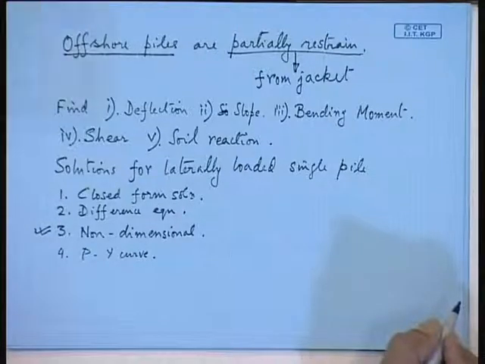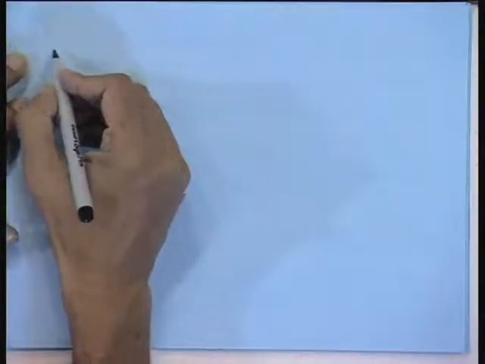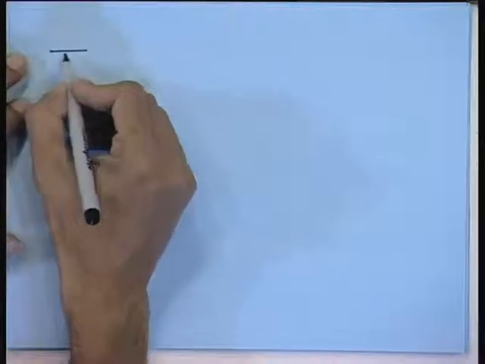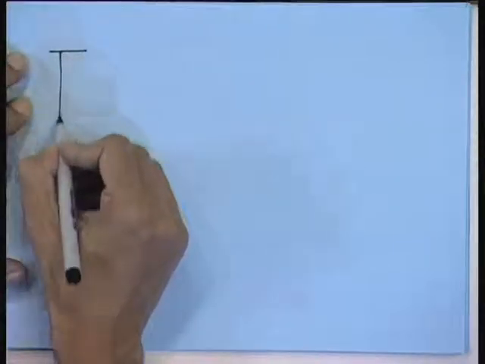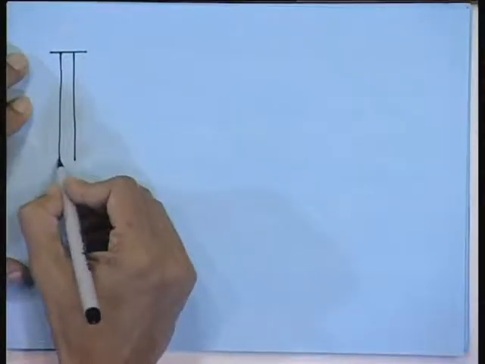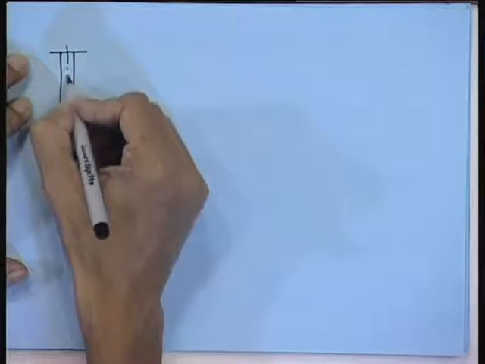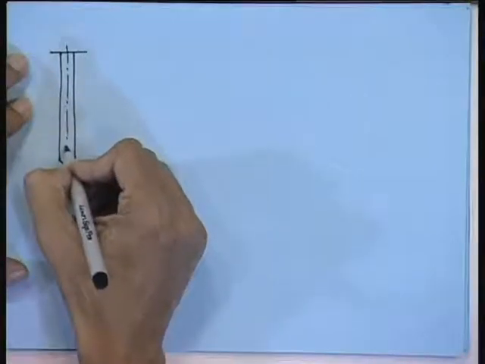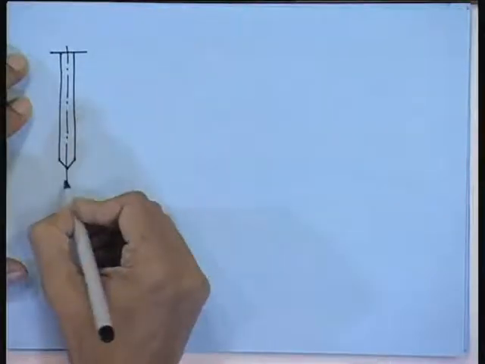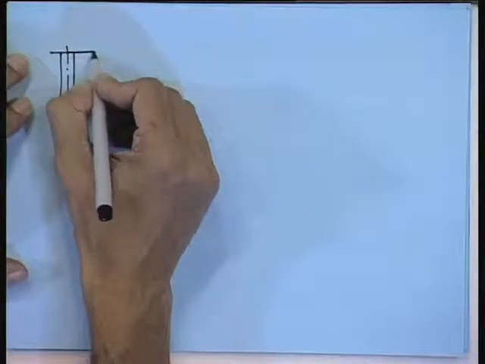Now, if you want to study this, you first assume the pile to be a beam. Say this is our pile. We are considering only a single vertical pile, and this is your pile tip. Now, you take the x direction to go vertically down and the y direction to be on the soil.